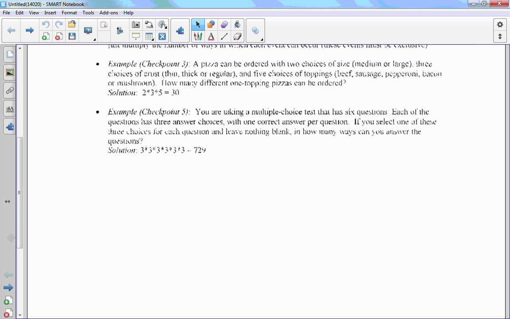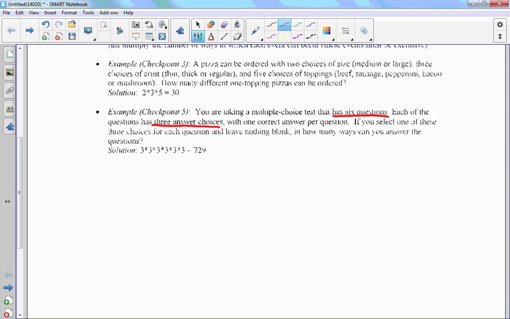You are taking a multiple choice test that has 6 questions. And for each question, there are 3 answer choices, with one correct answer per question. If you select one of these choices for each question and leave nothing blank, how many ways can you answer the questions?